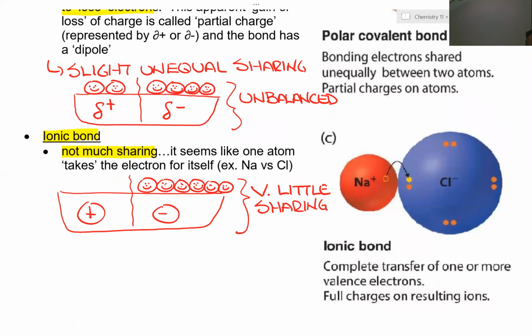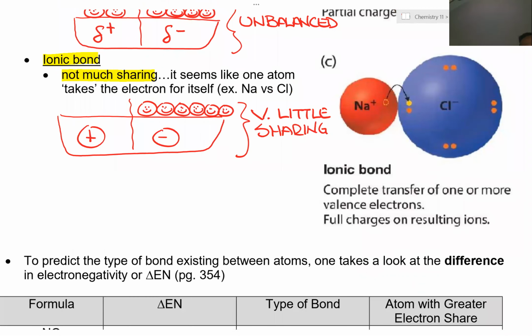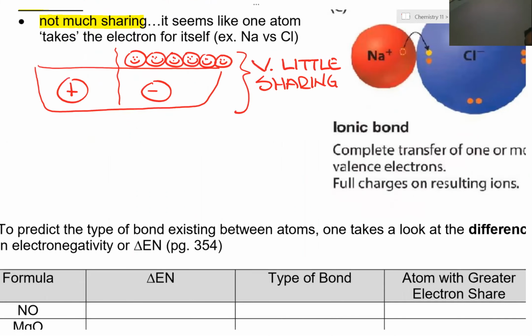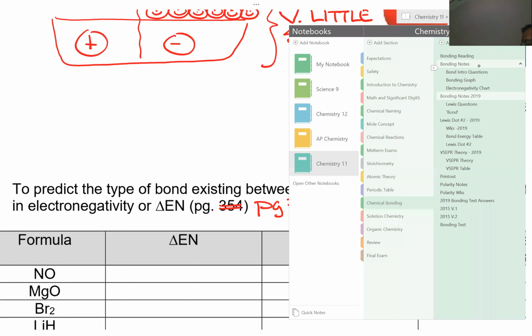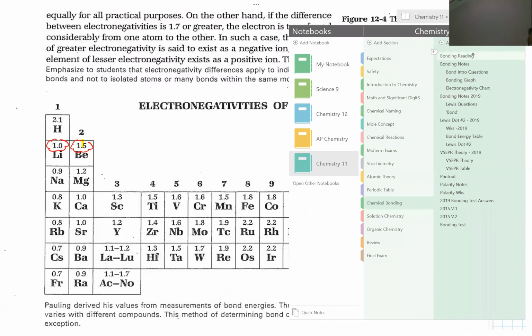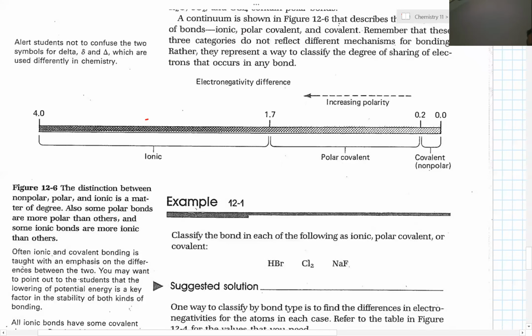Now, to predict the type of bonding existing between atoms, one takes a look at the difference in electronegativity. This can be found on page 334. So if you take a look on page 334 of your reading, you will see this particular chart.